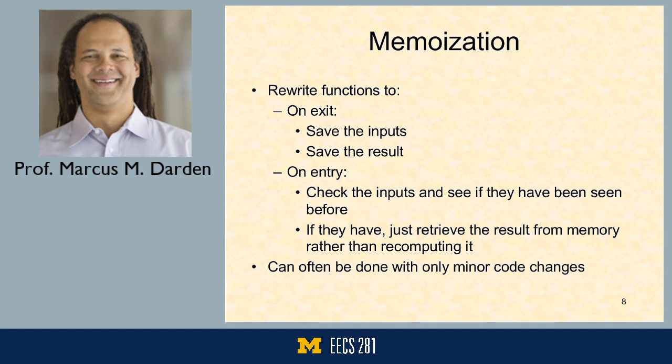Often this gets done with only minor code changes, and in many cases, because of the way that the memo is structured, memo is a collection of data points, whether it's a 1D collection or a 2D collection or a 3D collection, depending on your problem. But what you do, instead of actually storing the actual inputs, a lot of times you can implicitly store the inputs. So for instance, if I say I pass this in with a value 4, I don't have to worry about storing the 4.